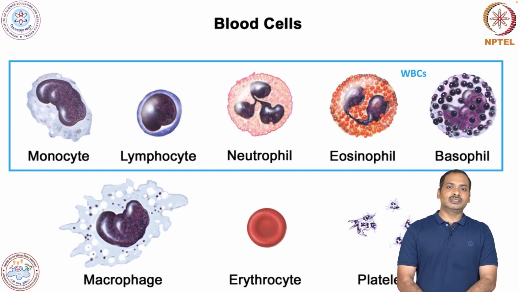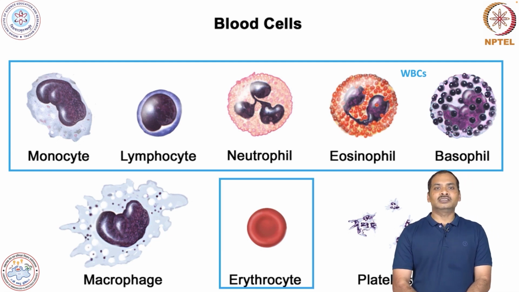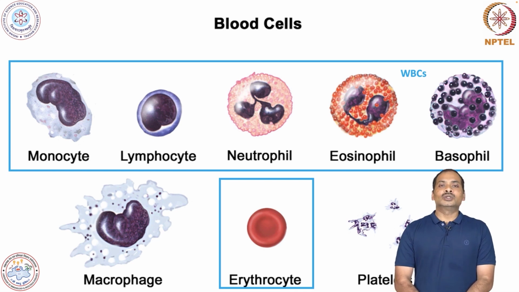And this is white blood cells, and another is red blood cells, or we also call them erythrocytes. Okay. So for erythrocytes, you are very well aware of their role. Basically they play a very important role in transportation of gases.